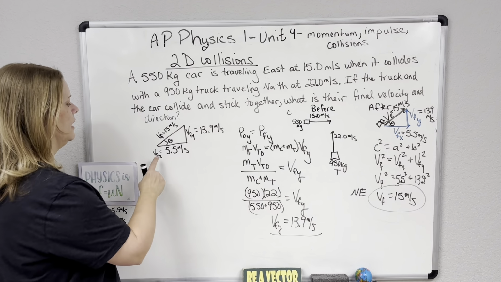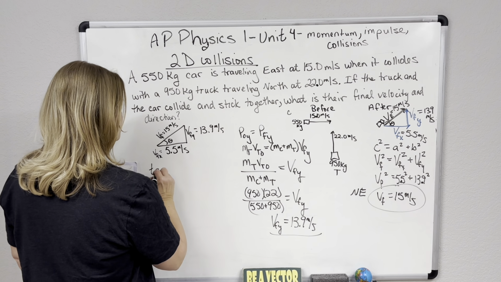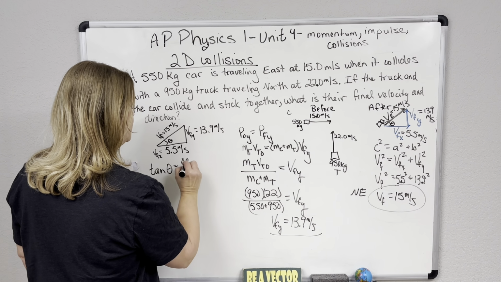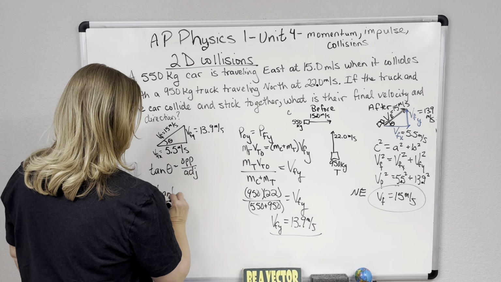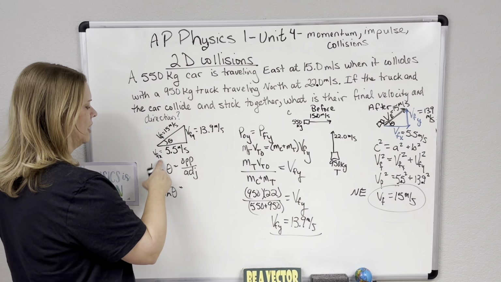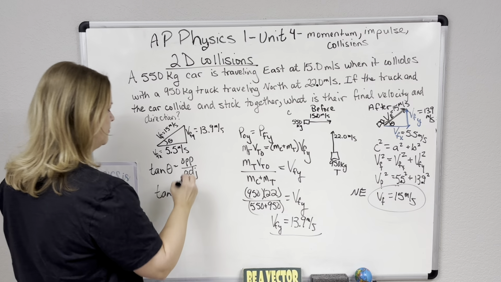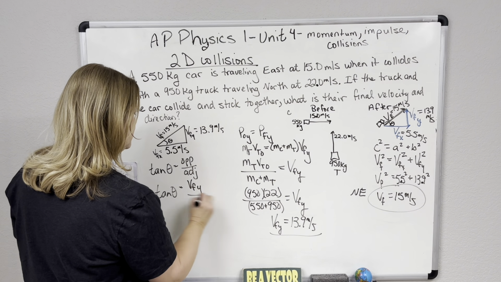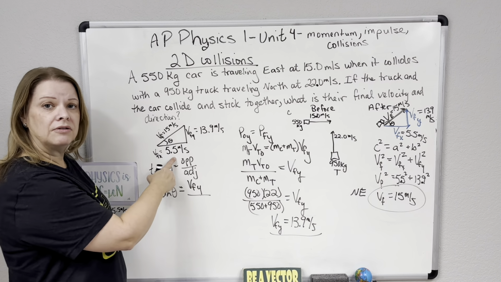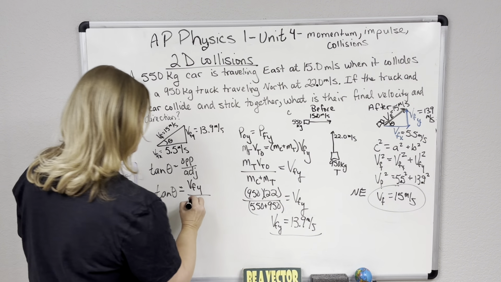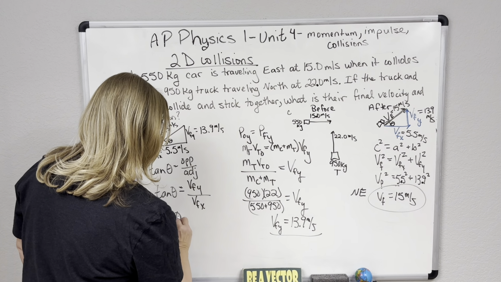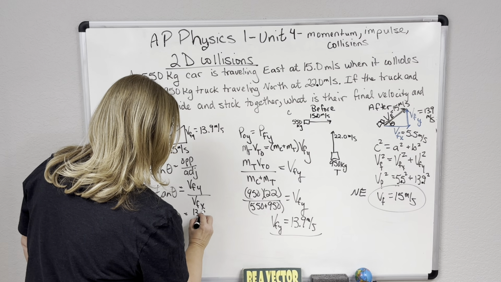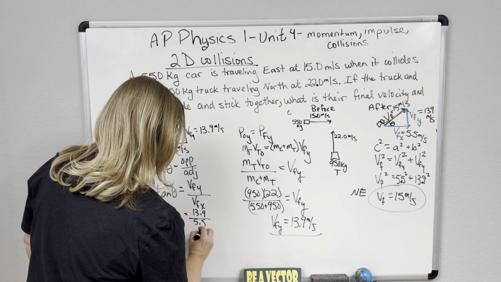I'm going to go ahead and just do tangent theta. The tangent theta is opposite over adjacent. So tan theta would be my final velocity opposite, my final velocity vertical, divided by my final velocity horizontal in the x. All right, I'm going to now plug in numbers. That's 13.9 divided by 5.5.